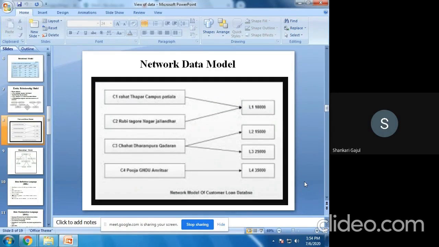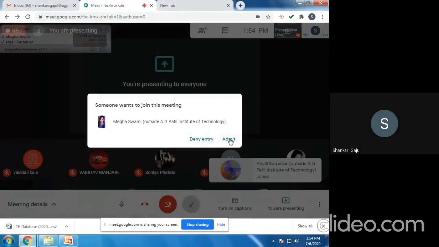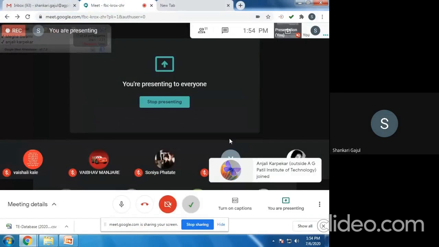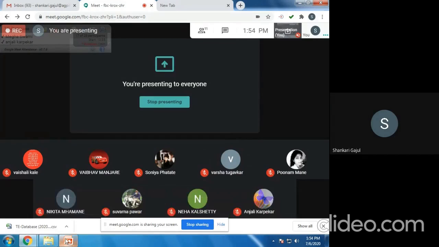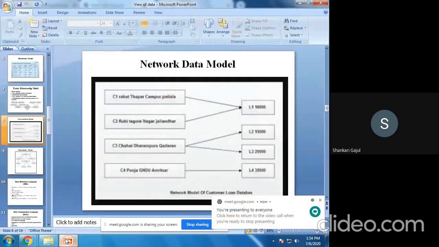So in the network data model, the data are represented by a collection of records. So this is the third data model, the network data model.